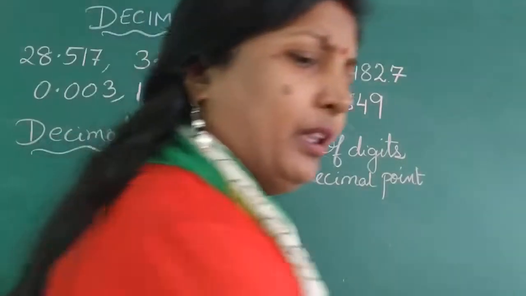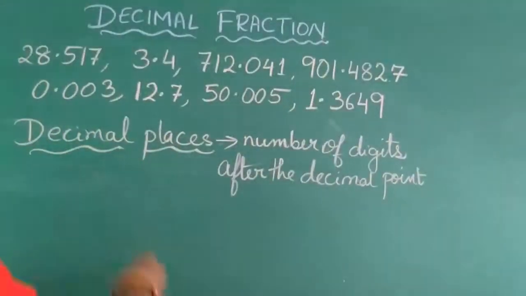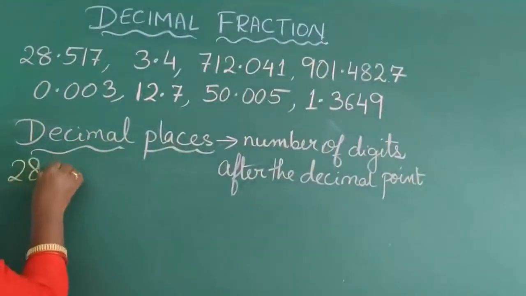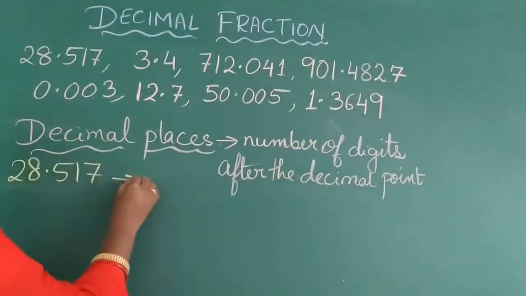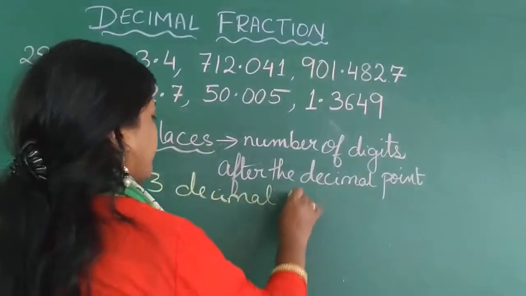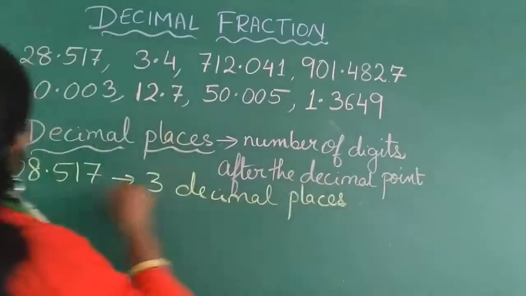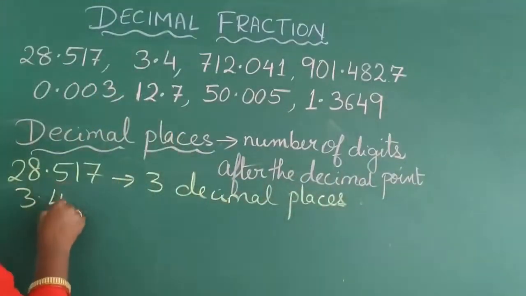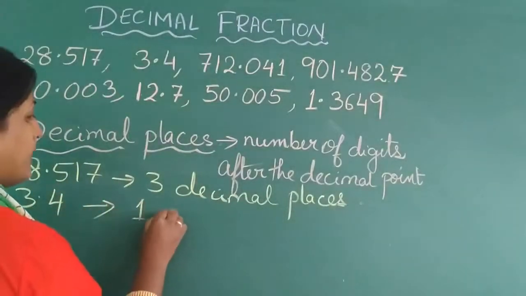Say for example, for 28.517, we have 3 decimal places. Say for 3.4, we have 1 decimal place.